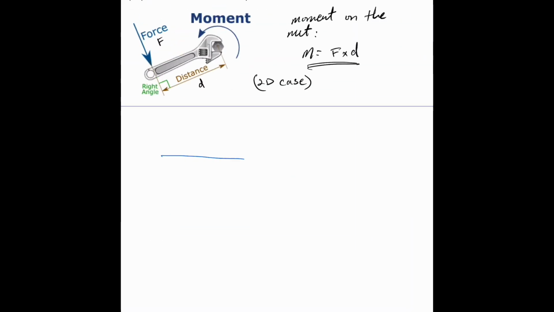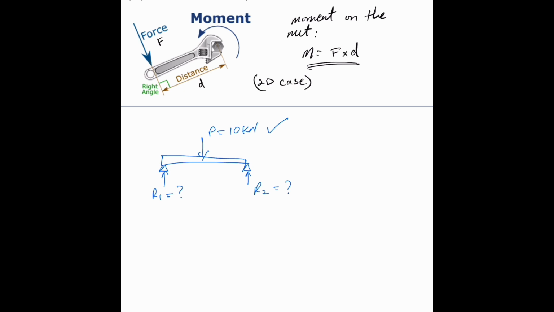If you have a beam with a load in the middle, supported at both ends, we would have reaction forces applied here: R1 and R2. P could be, say, 10 kilonewtons. We know P, but what we don't have is R1 and R2. So how can we solve that?